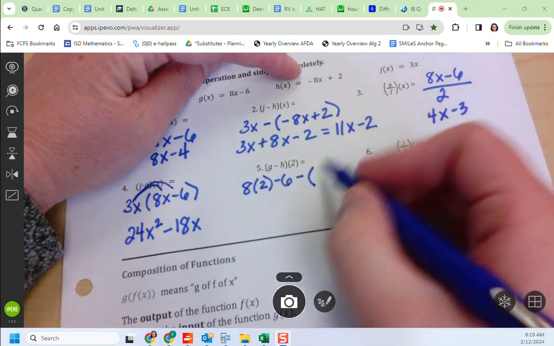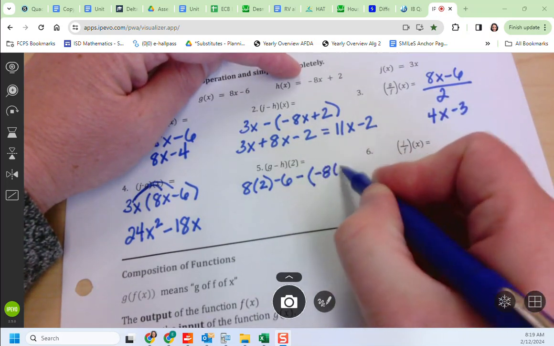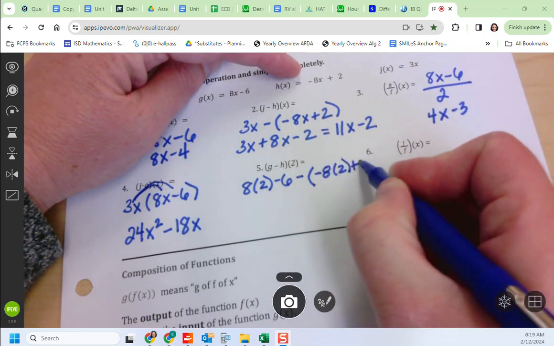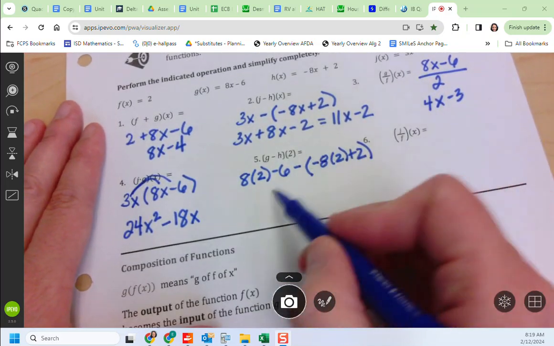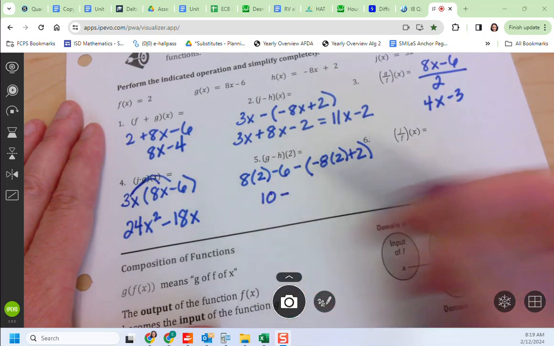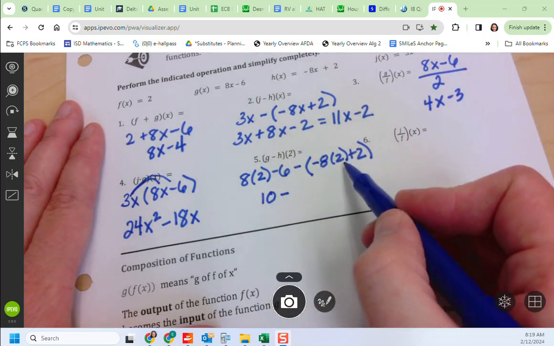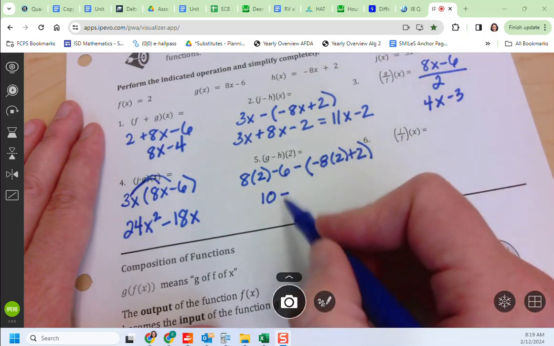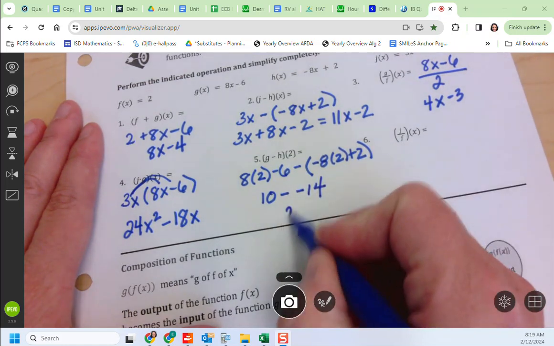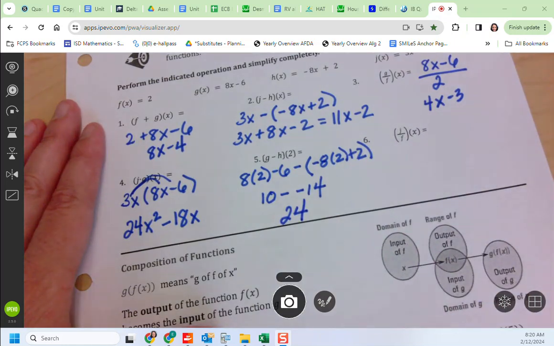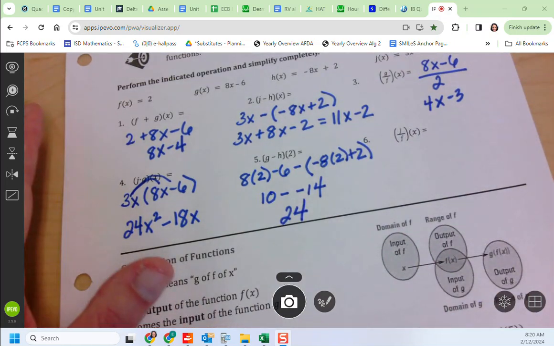And h of 2 is negative 8 times 2 plus 2. So that's going to be 16 minus 6, which is 10. And that's negative 16 plus 2, which is negative 14. And I get 24. That's one way to do it.